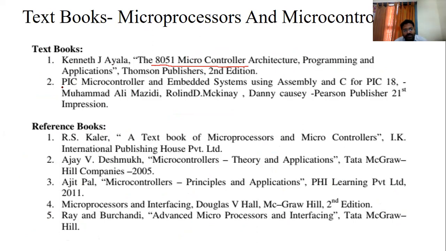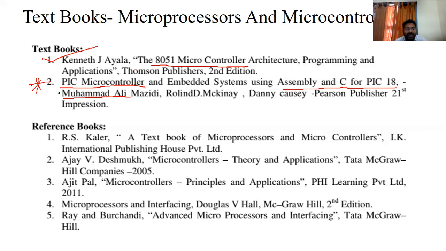Another one is a very rare textbook, especially used for the PIC 18 controllers only, PIC 18 assembly language. The textbook author is Muhammad Ali Mazidi. Many of these textbooks are available in our library also.